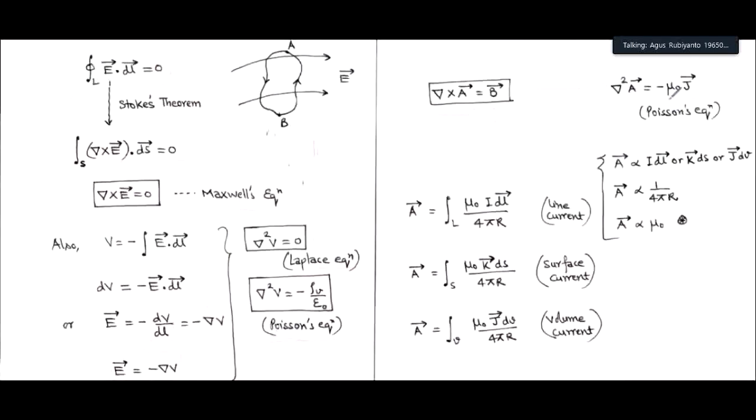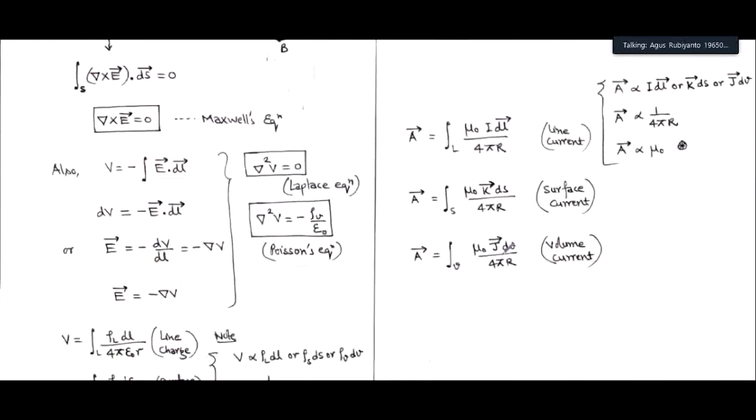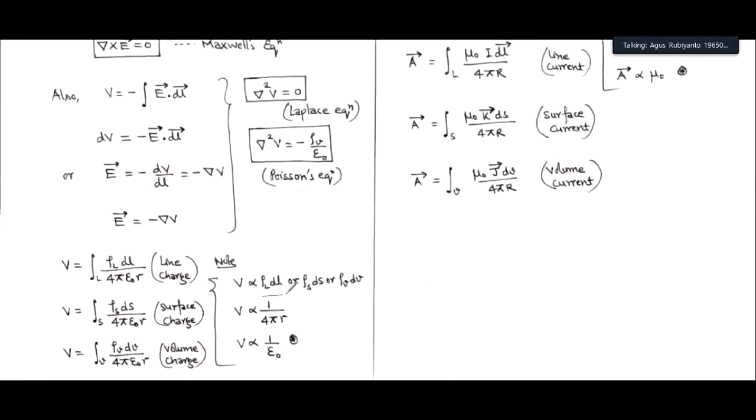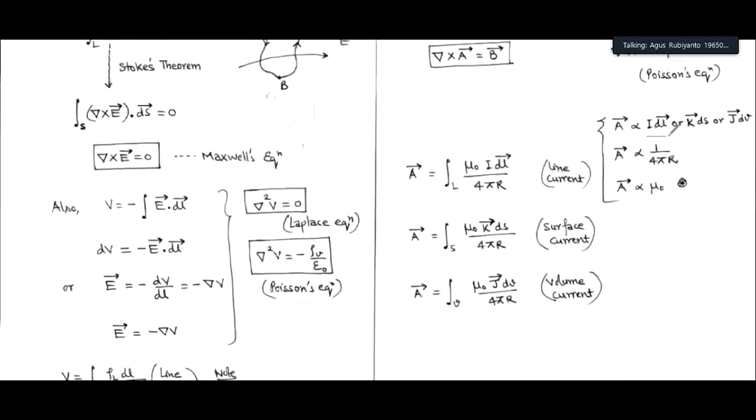Now to determine the magnetic vector potential for line current, surface current and volume current, we compare it with the electric potential. So in electric potential, V is directly proportional to rho L dl or rho S ds or rho V dv. Similarly, A vector is directly proportional to I dl vector or K vector into ds or J vector into dv.